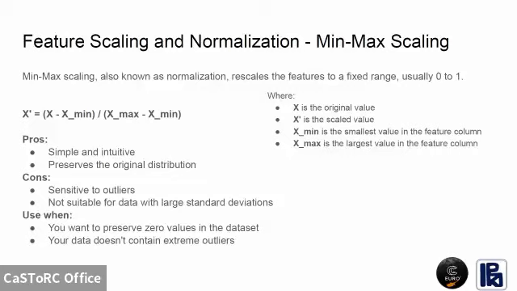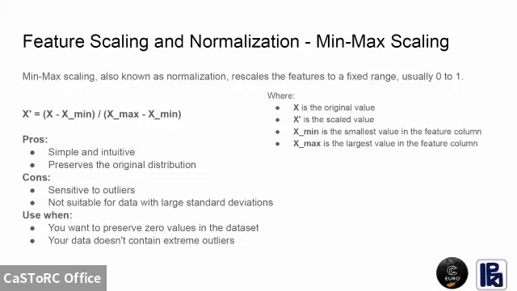Min-max scaling is, for any data point, you subtract the minimum value and then divide by the difference between the maximum and the minimum. So everything in your data will be normalized, usually between 0 and 1.